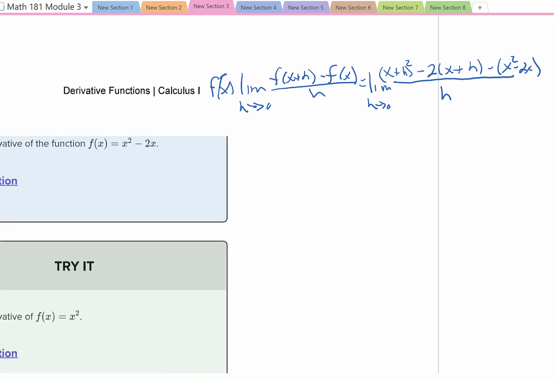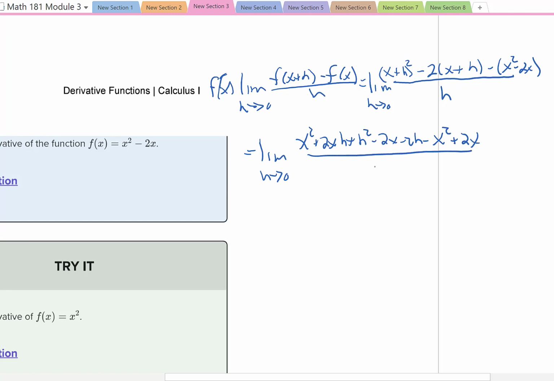Now we need to expand the binomial, and we'll have the limit as h goes to 0 of x squared plus 2xh plus h squared minus 2x minus 2h minus x squared plus 2x, distributing that negative, all over h. Now this is kind of fun. Things start canceling out.